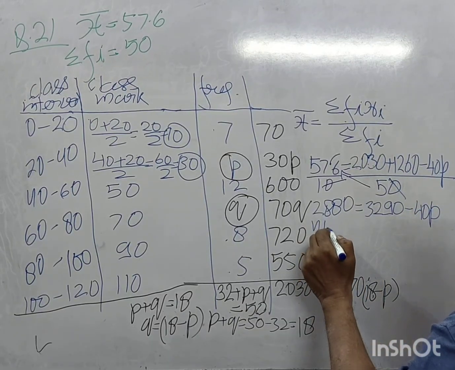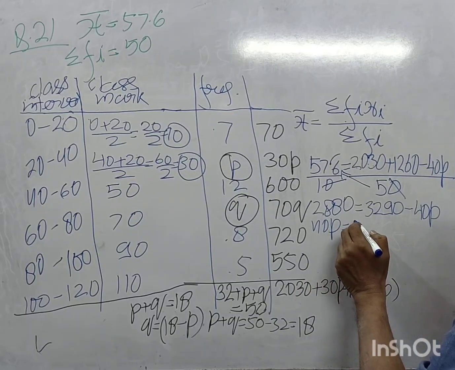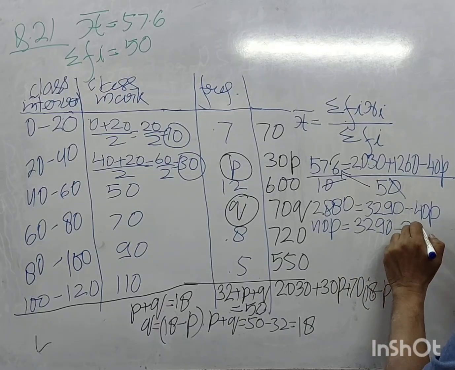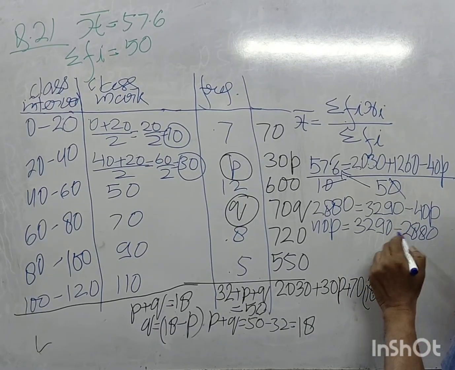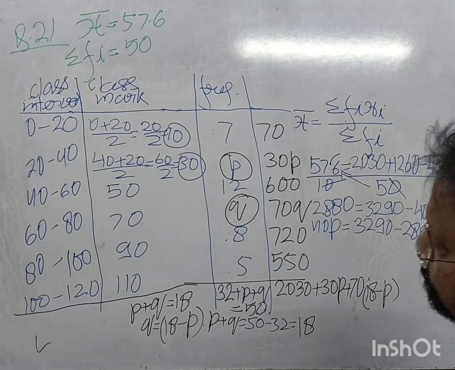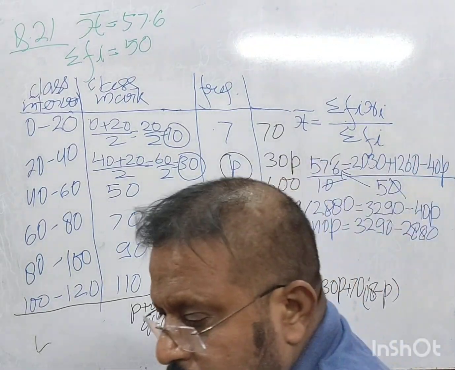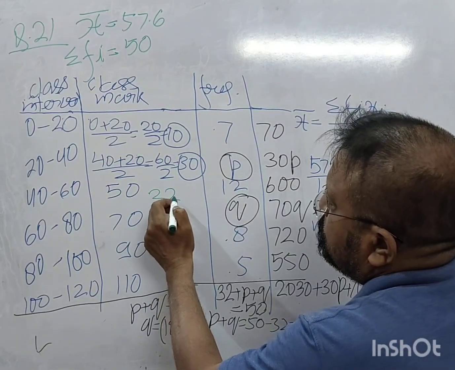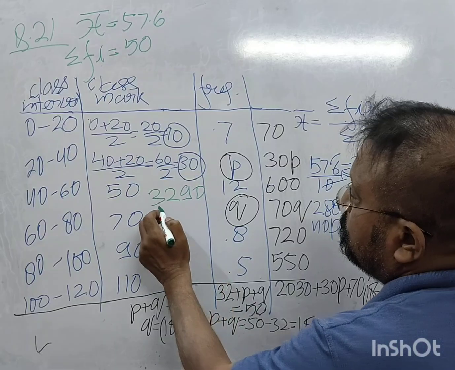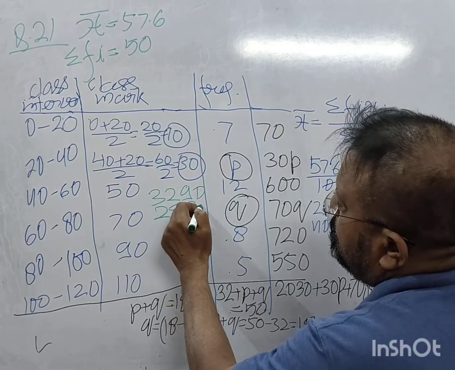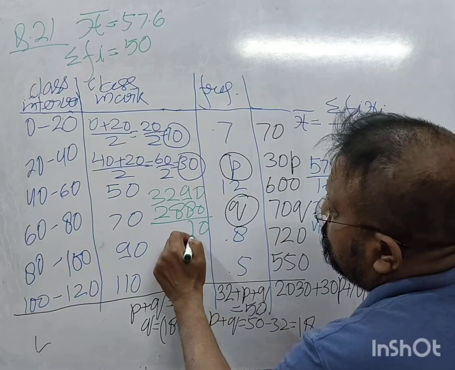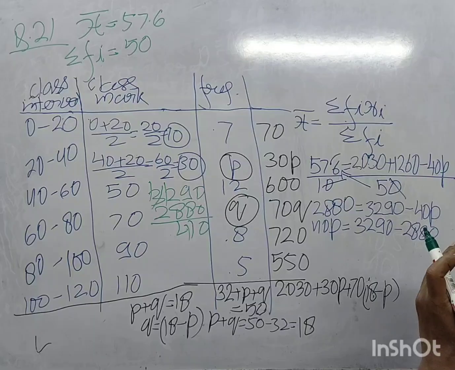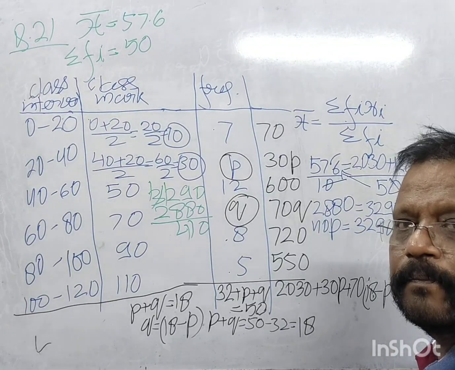So 40P is equal to 3290 minus 2880, which gives 410.